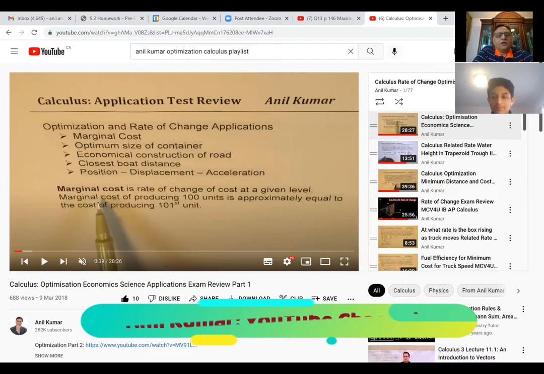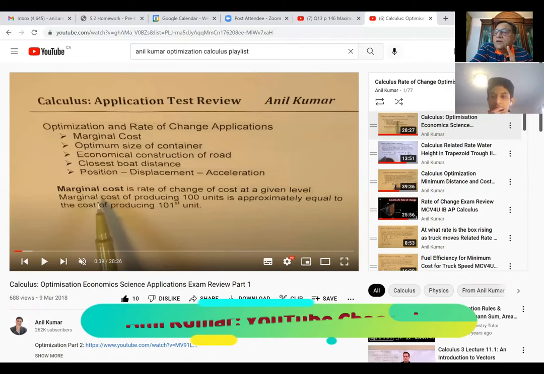So we'll first define what is marginal cost. Remember one thing, wherever you have marginal involved, it could be marginal revenue, it could be marginal profit, it could be marginal cost. It is rate of change of that parameter. So rate of change of profit is marginal profit. That means, let us say marginal profit on selling 100 items.